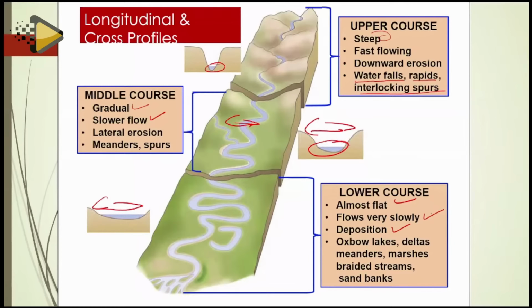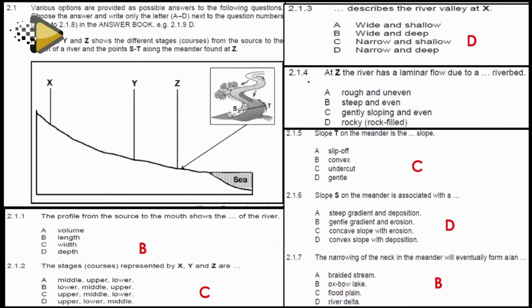There is dominance of deposition. Then we have different features occurring there: oxbow lakes, deltas, meanders, marshes and floodplains, braided streams, sandbanks. So these are what you can expect to find in the lower course of the river.